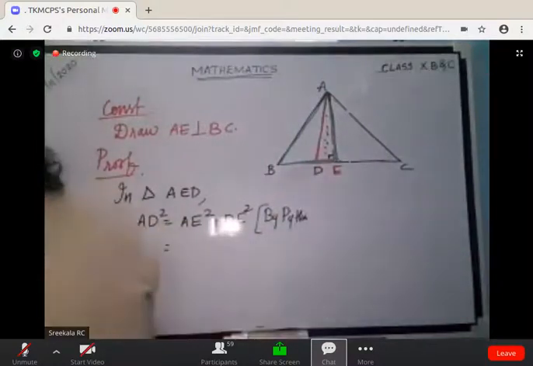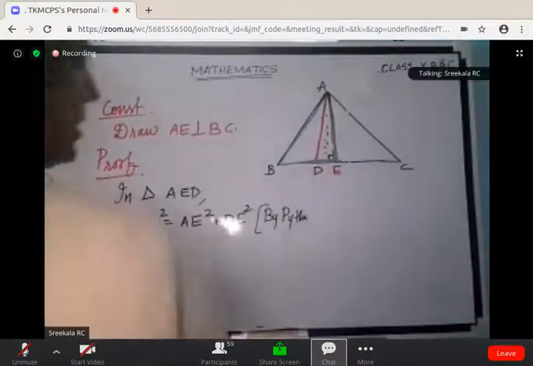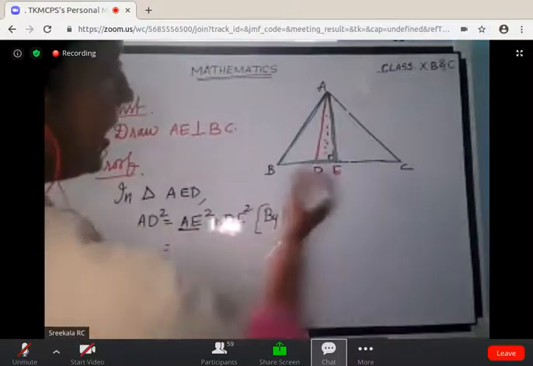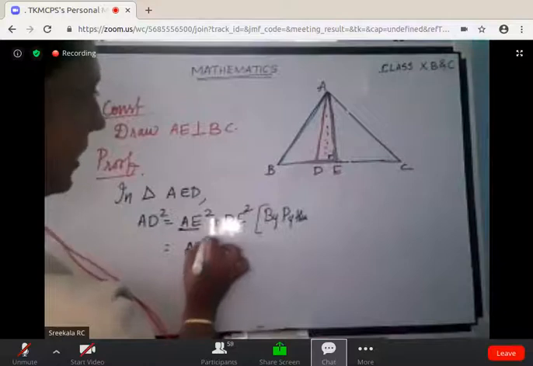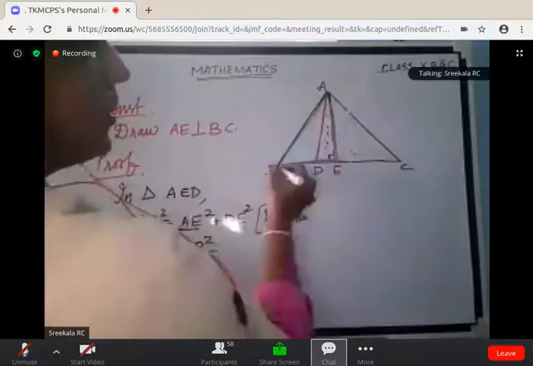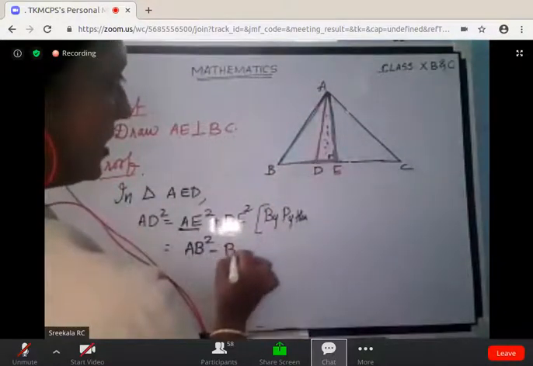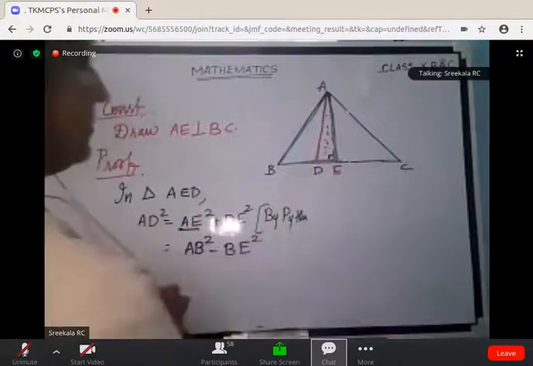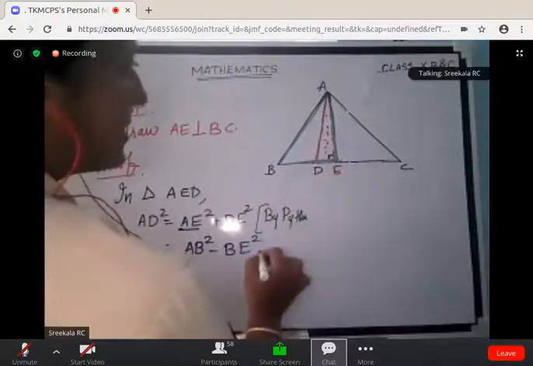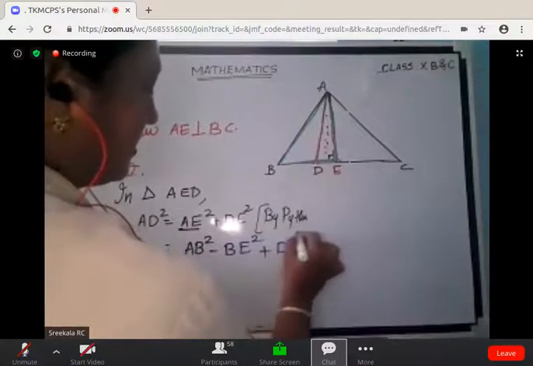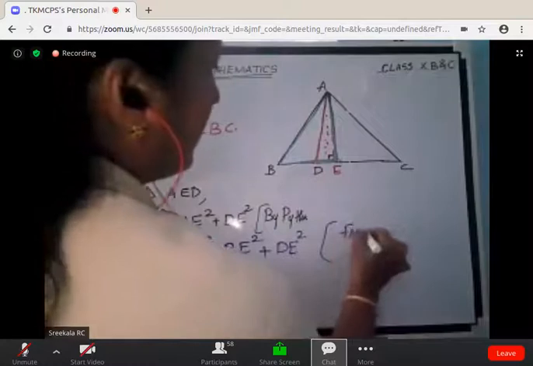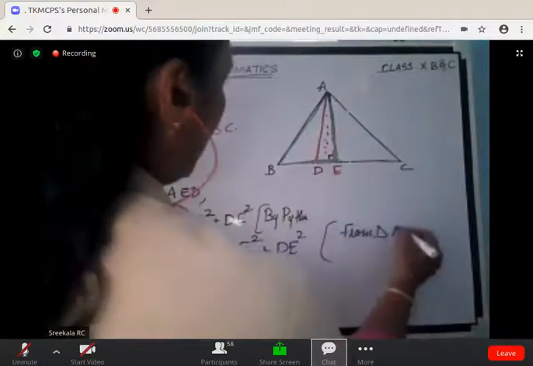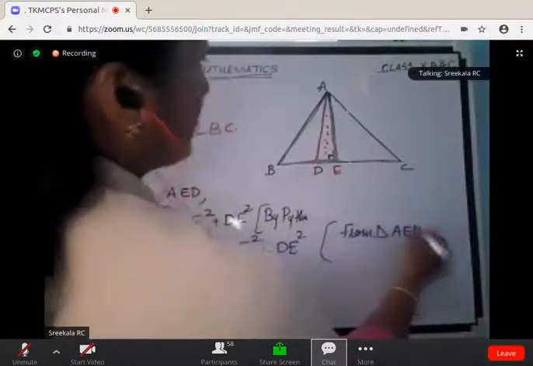AB square. AE square we have to convert. AE square can be written as AB square minus BE square, from the right triangle AEB.